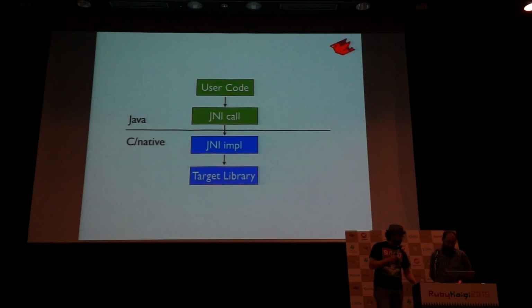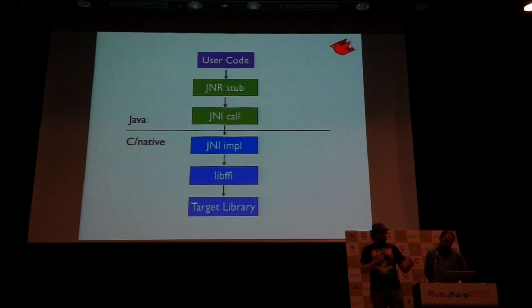So here's the old state of affairs before FFI libraries started to come along. Had to write a lot of extra code. Had to write the JNI side, had to write the C side on the native side of this. We use a library that was developed for JRuby called JNR, Java Native Runtime. And so this one does a lot more work for us.